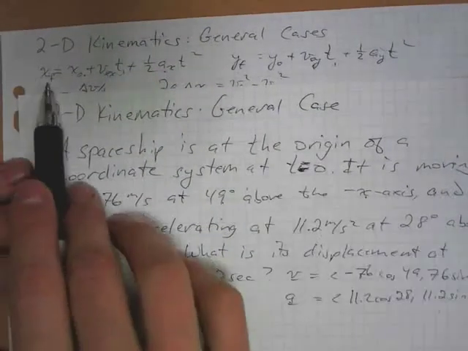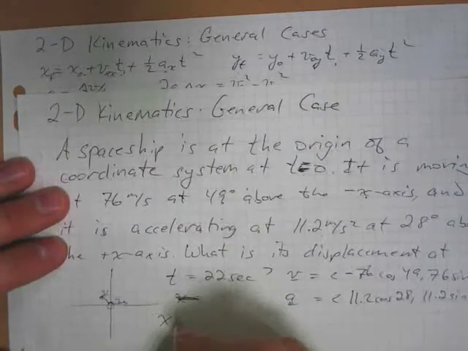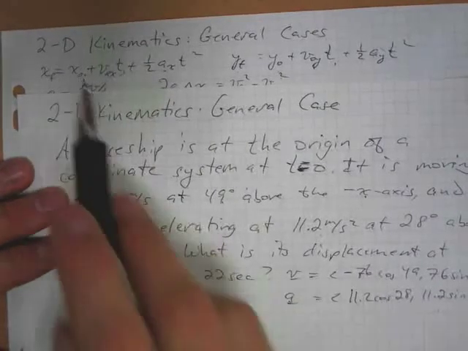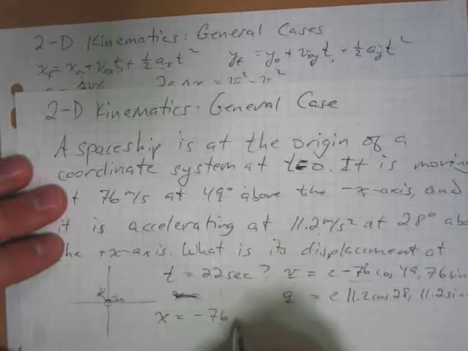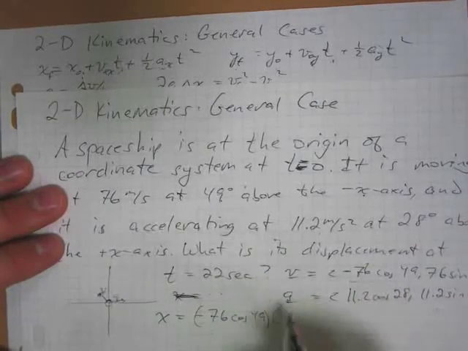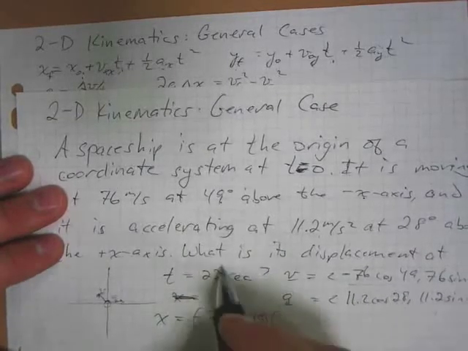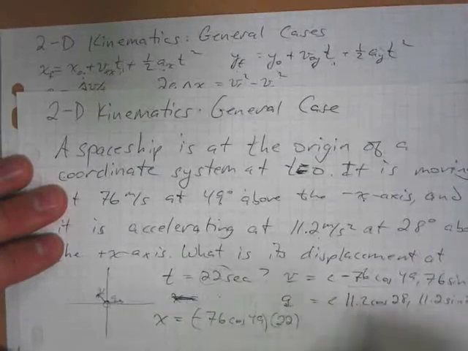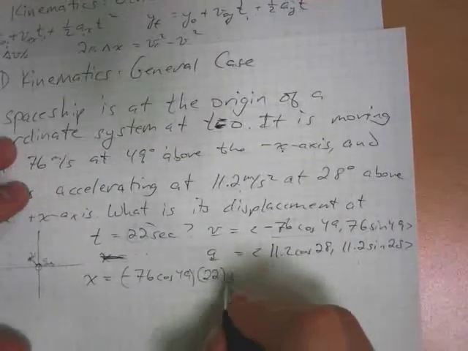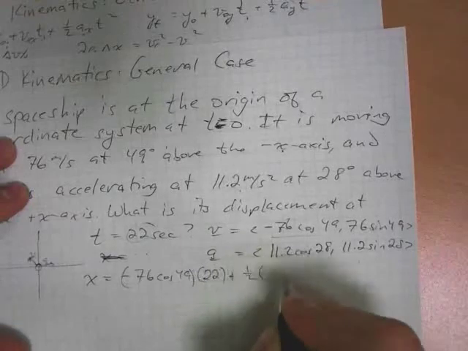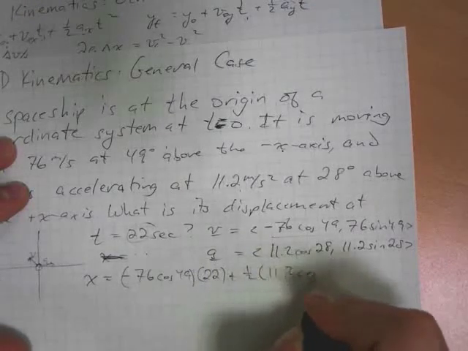So in the x direction, we have our x position equals x naught is 0, v naught x is minus 76 cosine 49, t is 22. Our acceleration in the x direction, plus 1/2, 11.2 cosine 28.